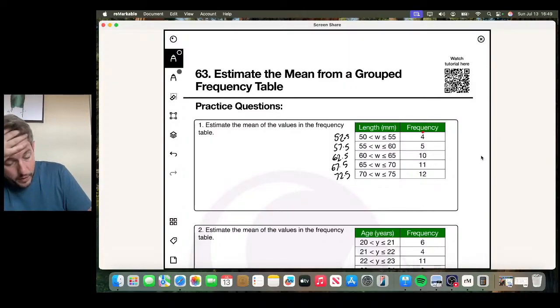Okay, times by 4, well, that's going to give 210.